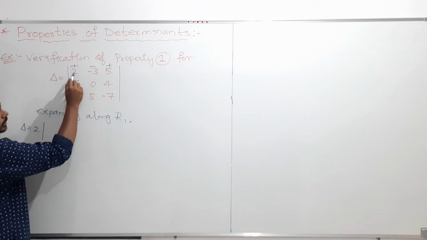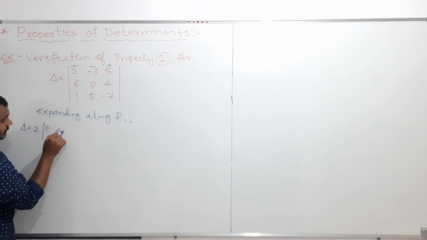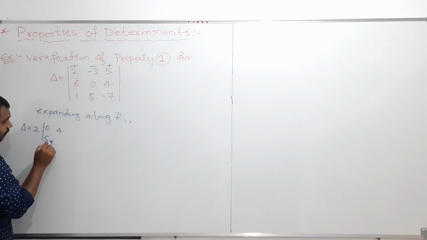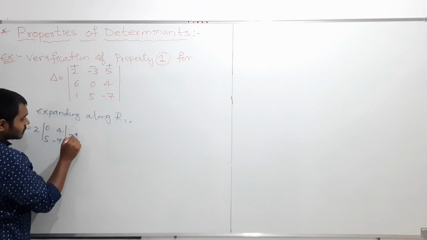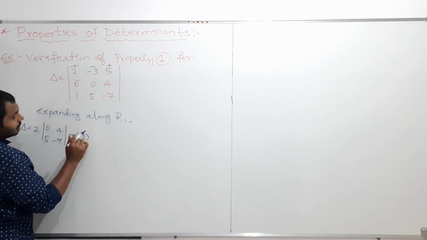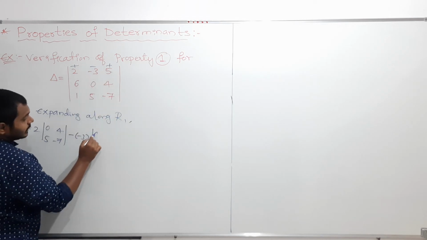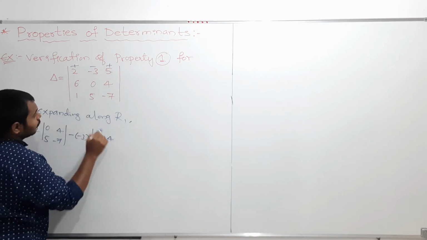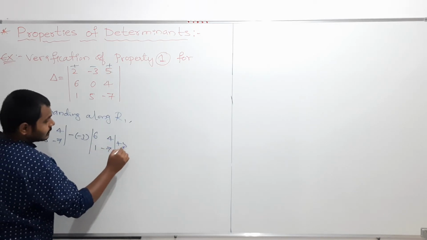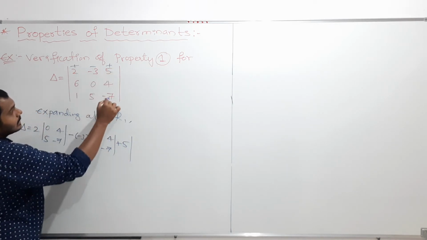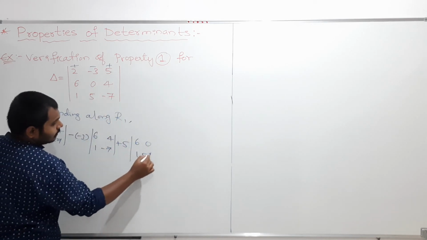So 2 into, deleting this row and this column, the remaining is 0, 4, 5, minus 7. Clear. Next minus of this element 3, and again delete this row and this column, and here it is 6, 4, 1, minus 7. Next plus 5 into, deleting this row and this column, 6, 0, 1, 5.